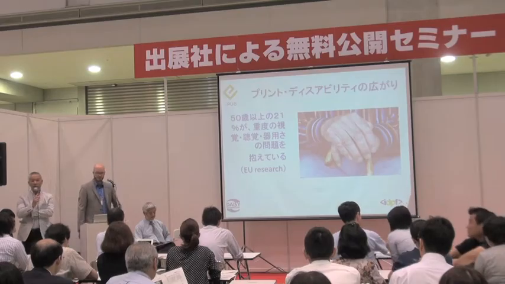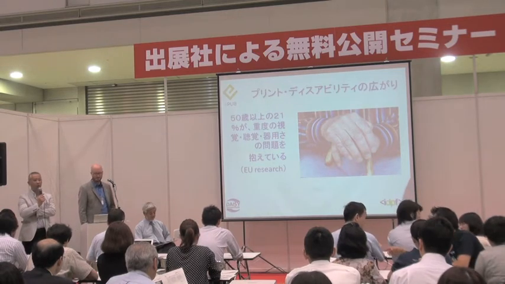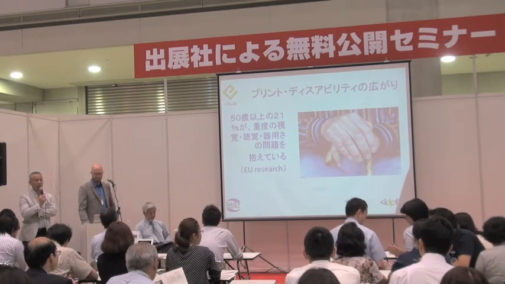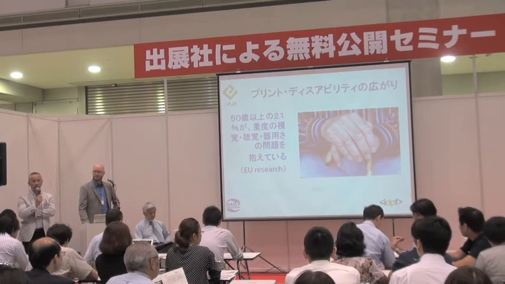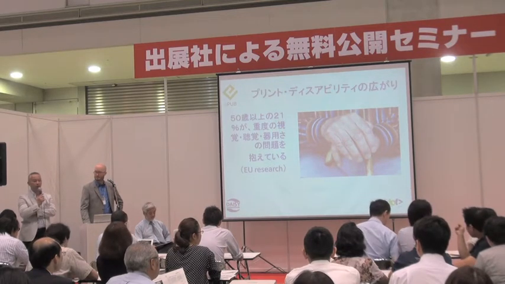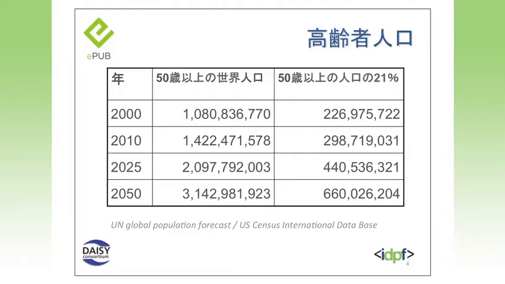So we have an aging population. The current table here shows the number of people in terms of the 21% over age 50 that we have in the world globally today.